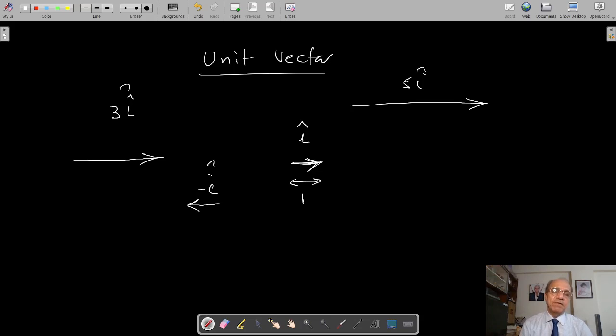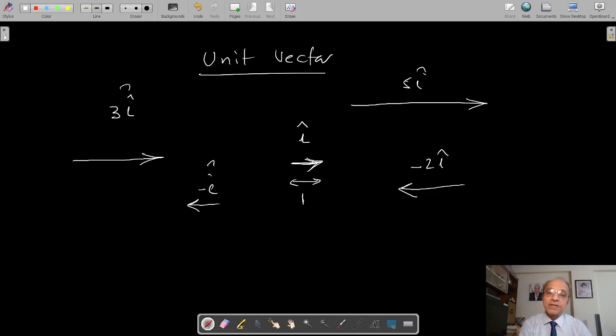If I want to write minus 2I, minus means opposite, so minus 2I. So the moment I tell you a vector is 5I, that means 5 times I in this direction. Using a unit vector, my direction is now fixed. I did not have to say the vector is in the east or west direction. I should write only I.